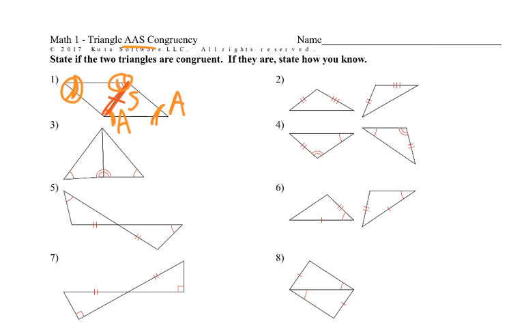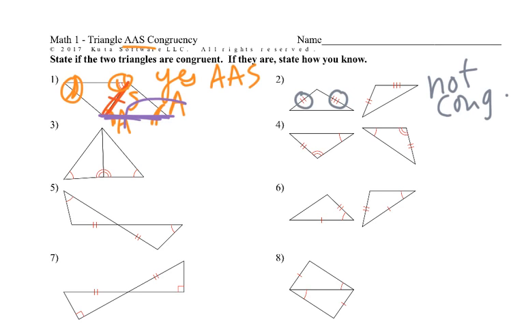Not between either of them? So we'd say yes by angle, angle, side. Even though the way I wrote it, you may want to say that's angle, side, angle. It's not, because that side isn't between those 2 angles. Okay, number 2, I've got 1 side, 2 sides, no angles, no other side. So not enough information, and I have to write not congruent.